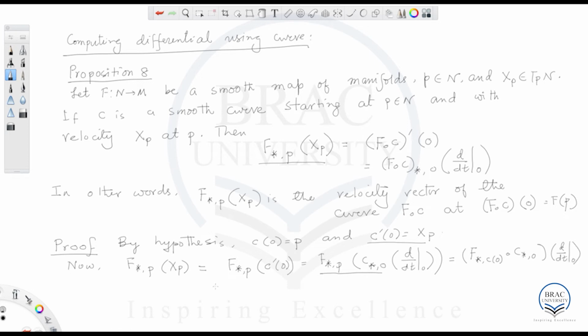Okay, and by chain rule, this is going to be (f composed with c) star comma 0 acting on d dt 0. And this is nothing but the velocity vector of the composed curve f composed with c at the initial time 0.